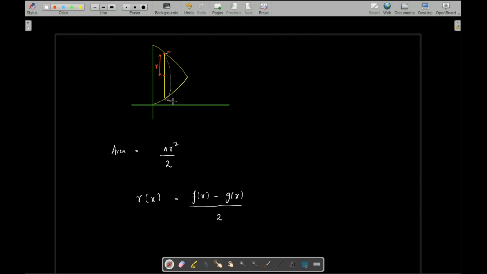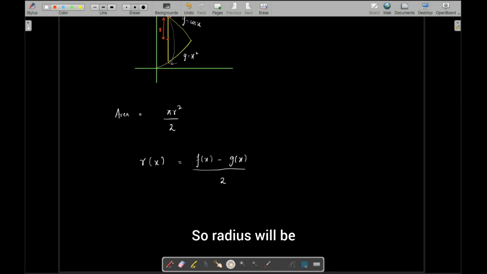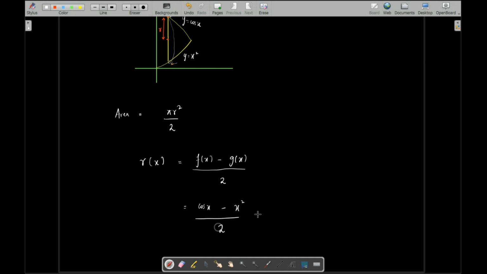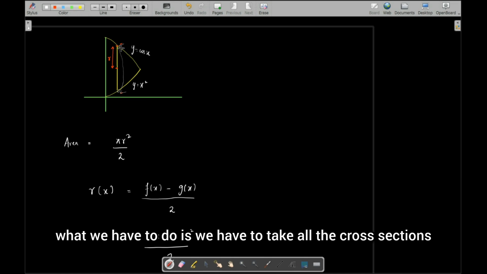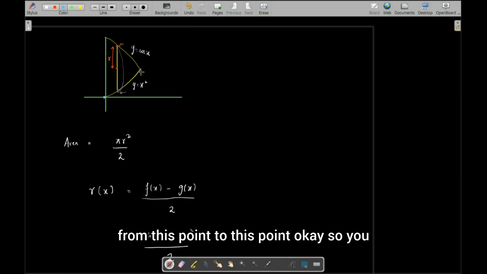Now, in this question, this curve is y equals x squared, and this curve is y equals cosine x. So for the radius, the top function is cosine x. Yes. And the bottom function is x squared, all over 2. Now to find the volume, we have to take all the cross sections from this point to this point.